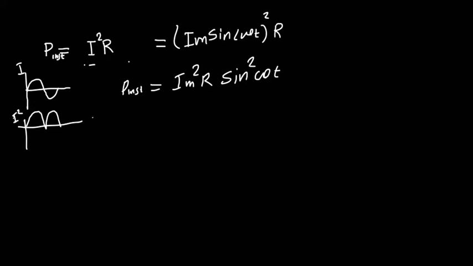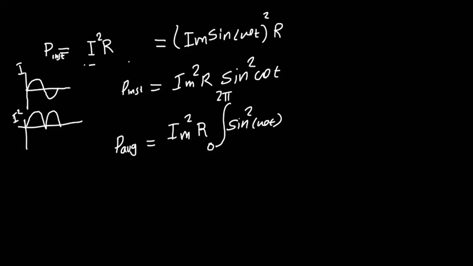To calculate the average value, we want to calculate the average value of sin square omega t from 0 to 2 pi over one period. We can take 0 to T also.